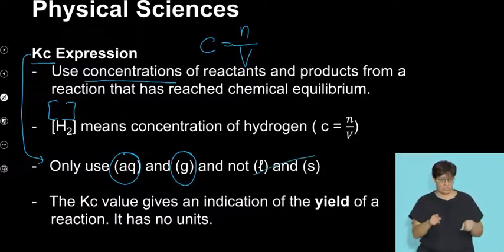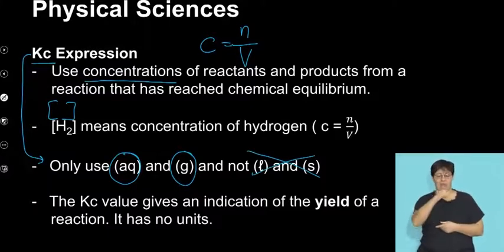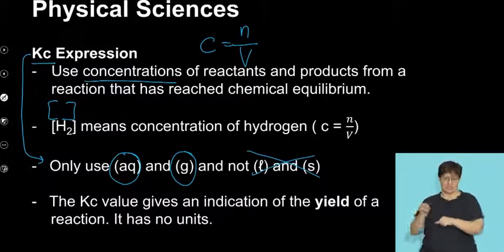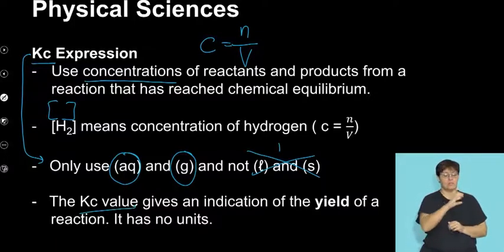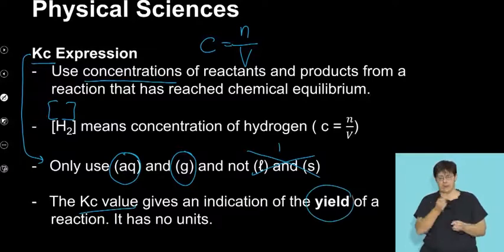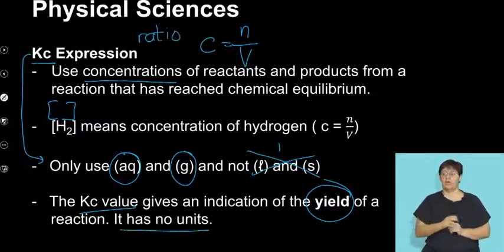We do not use the liquids and the solids because liquids and solids have a constant concentration. We normally use a 1 to represent their concentration. The Kc value gives us an indication of the yield of a reaction. And because it is a ratio, it does not have any units.